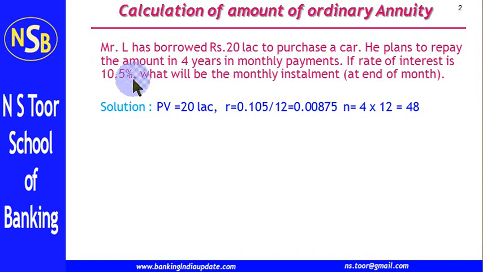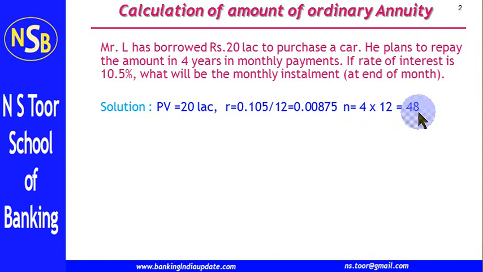So this annual rate will be converted into a monthly rate: 0.105 divided by 12. So this is the monthly interest rate. We have 4 years, but payment is to be made on a monthly basis. Hence, we will convert these years into months. So 4 years multiplied by 12, we get 48 months.